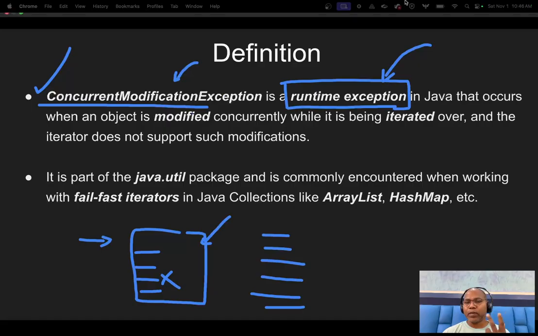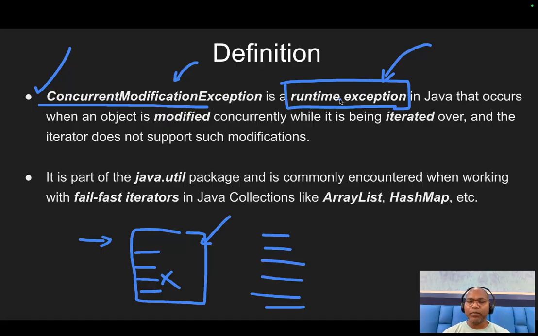There are two types of exception: one is compile time, one is runtime. Compile time means whenever I write some code and go to compile, the compiler says, hey, this is an error, you have to catch the exception. So there are majorly two types of exception: runtime exception and compile time exception. ConcurrentModificationException comes under the runtime exception.